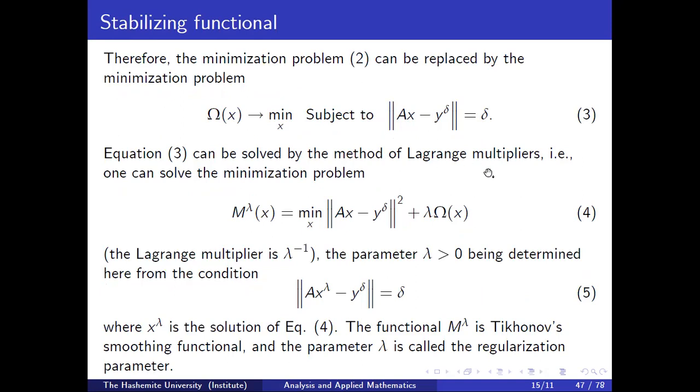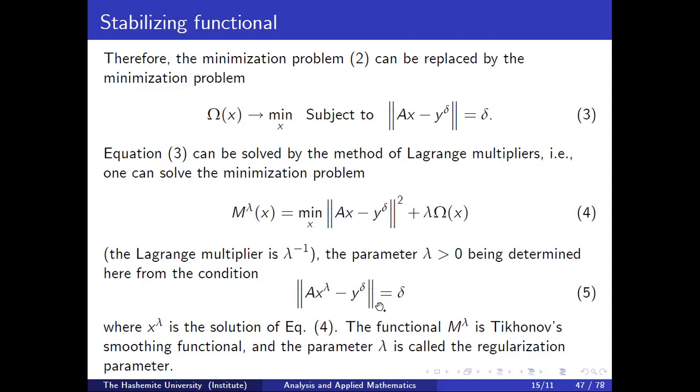Using Lagrange multipliers brings in the Lagrange multiplier, which is here 1 over lambda. Then after that, he started to choose lambda such that lambda satisfies this condition.